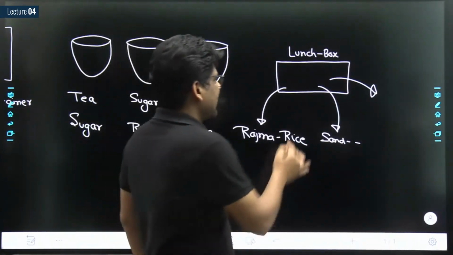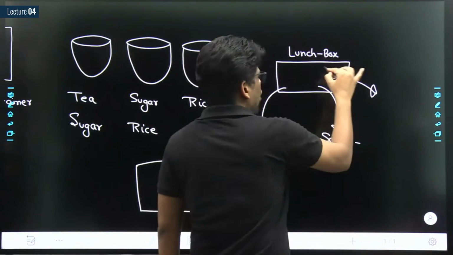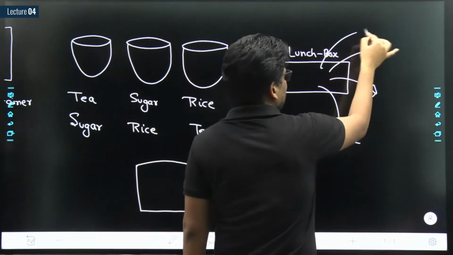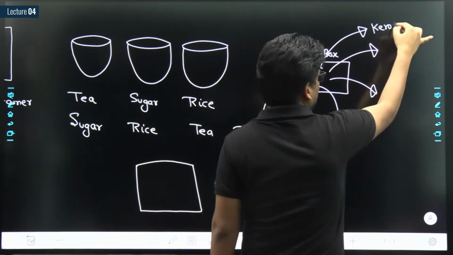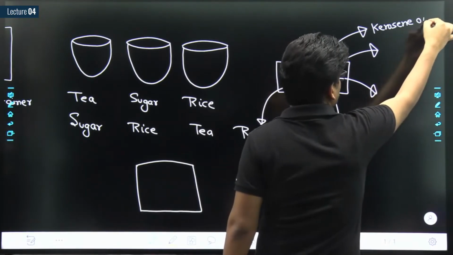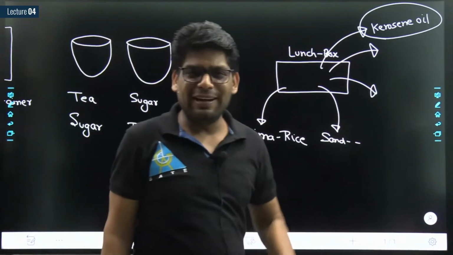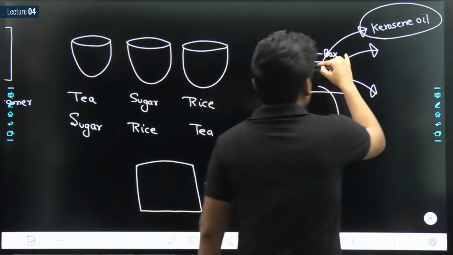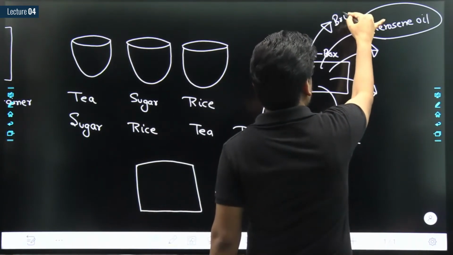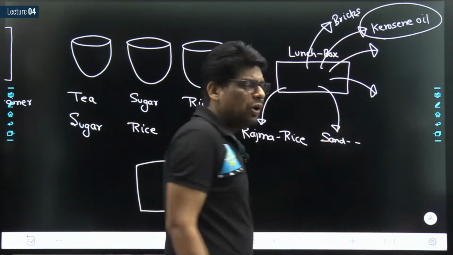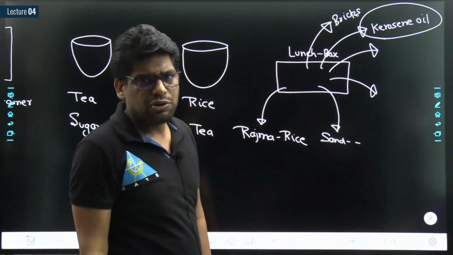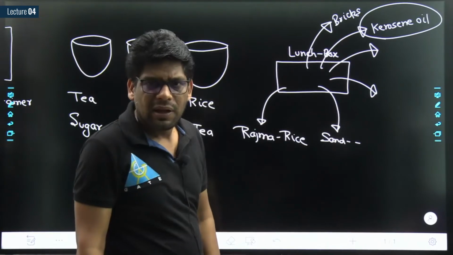Sir, lunch box contains food. Is it possible that I will take kerosene oil inside my lunch box? Sir, one day I will take bricks inside my lunch box. No, for sure no. Am I right or not?